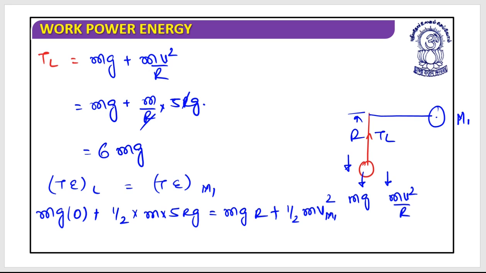So if I solve this, it's 5 by 2 mgr should be equal to mgr plus half m vm1 square.